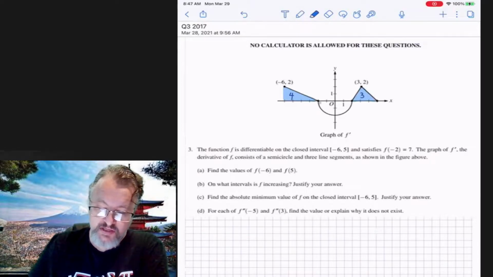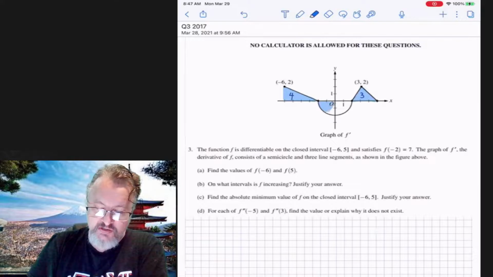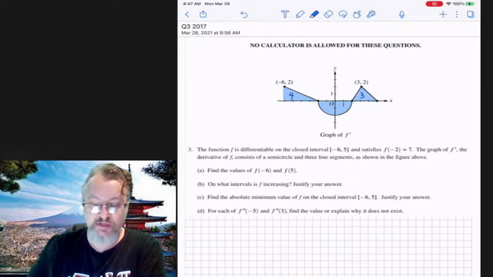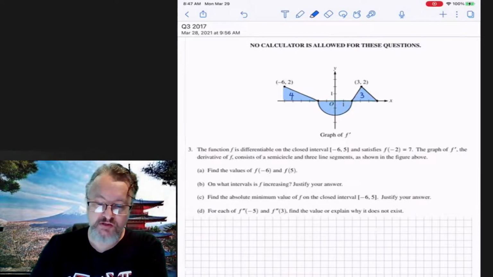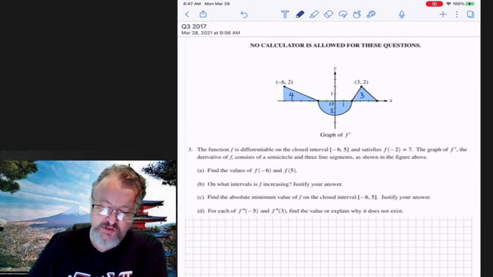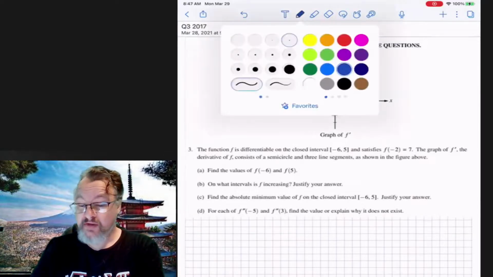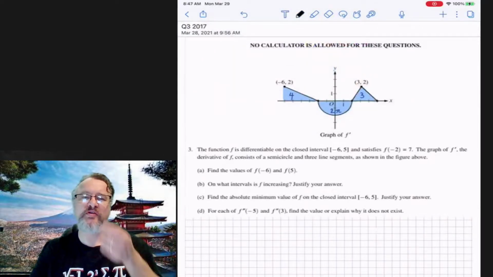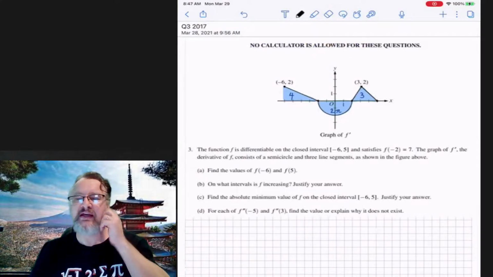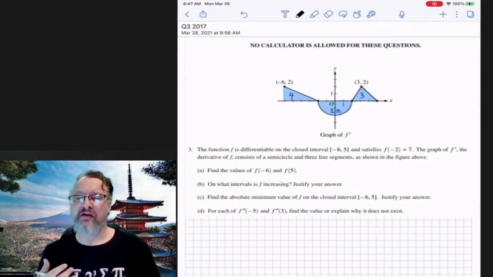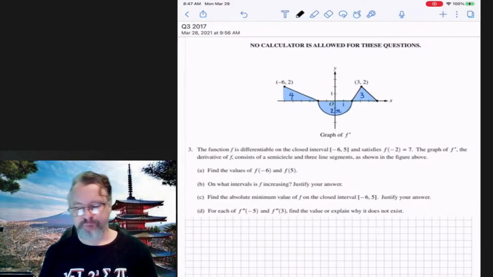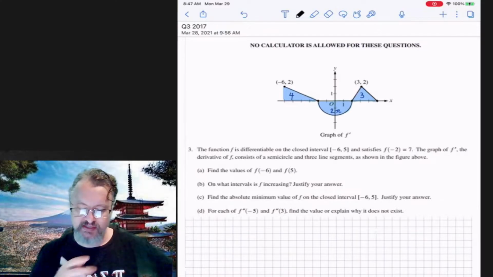Then right here, I see a half circle. The radius of this half circle is 2, so pi r squared is 4 pi, divided by 2. This area right here will be 2 pi. And even if I don't use it later, it just took me 20 seconds, and I'm building my confidence. Hey, I did something.